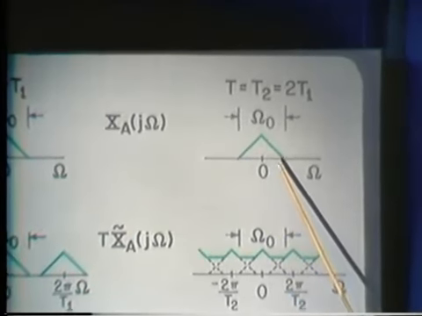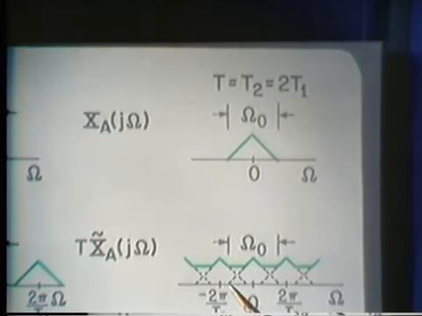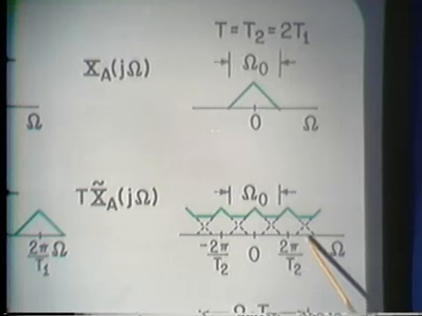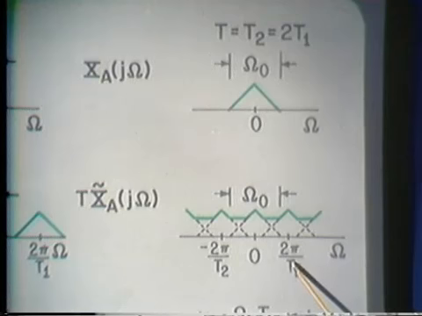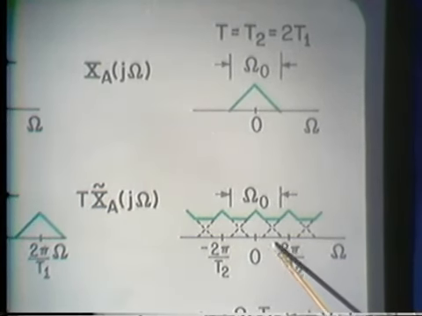then starting with the same continuous time spectrum, what we have now is the spectra again periodically repeated with a period which is 2 pi over capital T, which in this case is 2 pi over capital T2. But now they interact, and of course we have to add these up. That was the expression that we just derived.